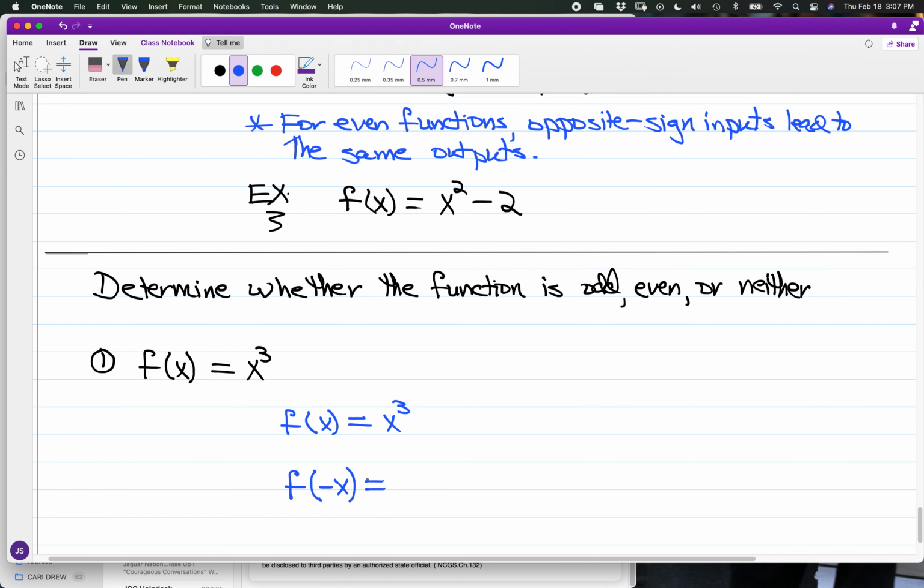So if I operate with negative x in accordance with f of x is equal to the cube of x, you have f of the input is equal to the cube of the input. Now if the input is negative x, I have the cube of negative x. Again, negative x times itself is positive x squared, and then in turn positive x squared times negative x is going to be negative x cubed.